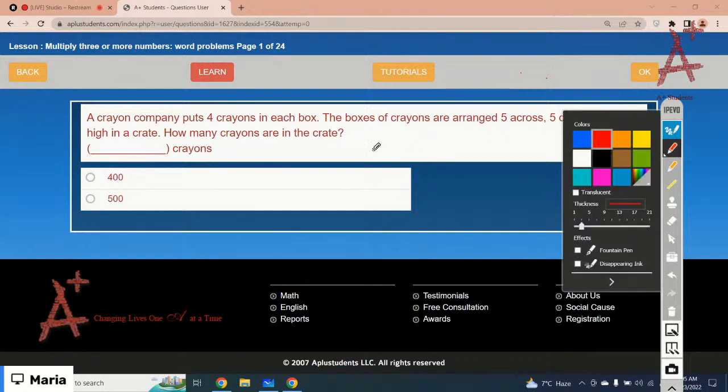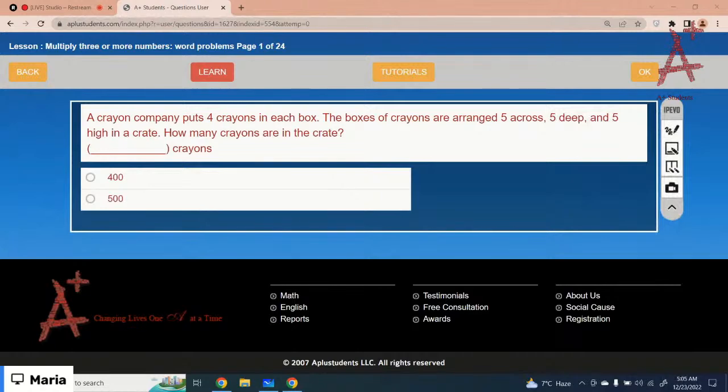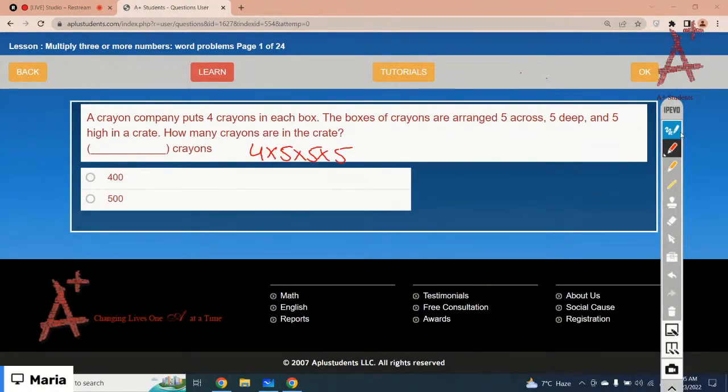The numbers are 4 times 5 times 5 times 5, because you have to put four crayons in each box. Got it? And how can you put the crayons? You have to arrange them like five across, five deep, and five high. Got it? So you have to multiply all the numbers.